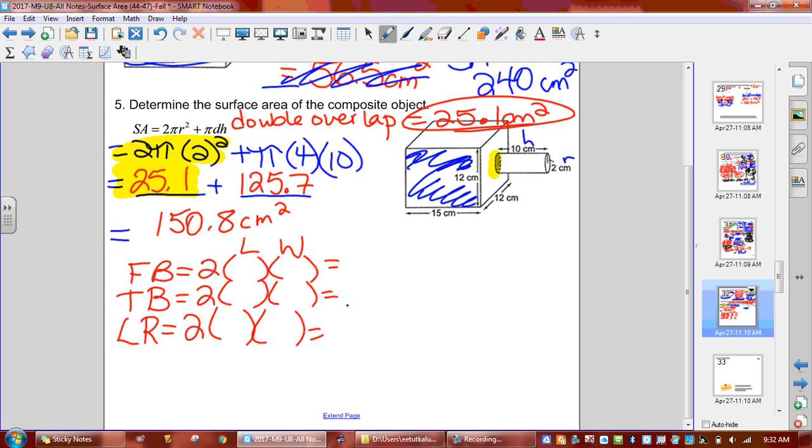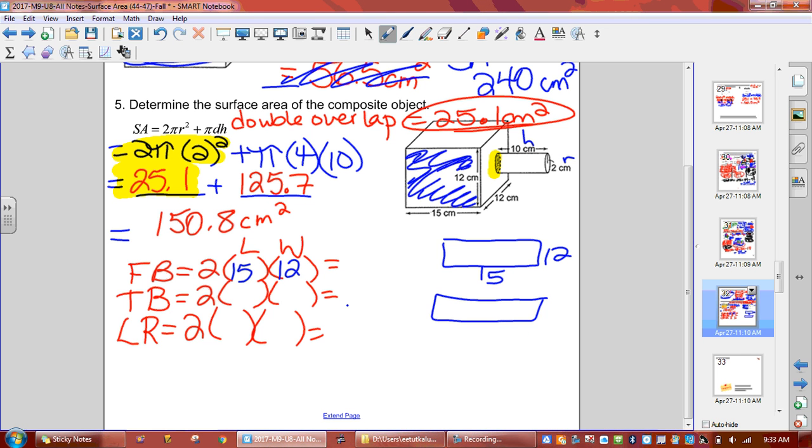Then we have the second rectangle, the top and bottom. That one I'm going to do in red here. The red one, we notice is 12 going one way and 15 the other way. So it's the same size, 15 by 12.